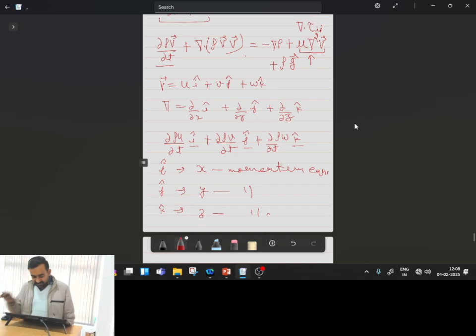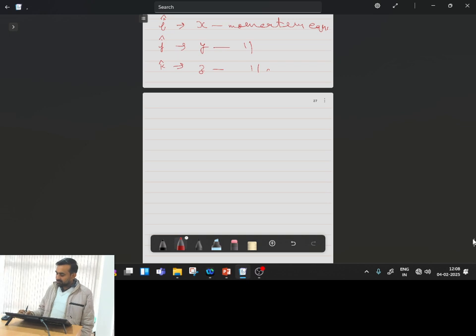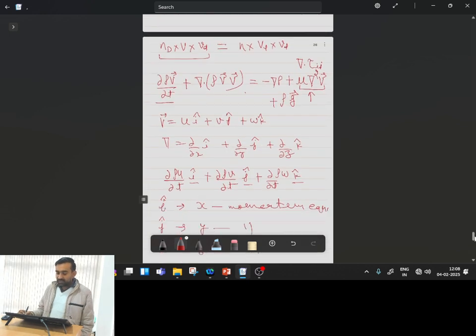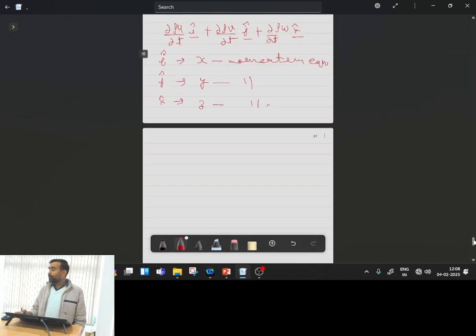Now with this basic understanding, before this, can you tell me how I can write this equation in tensor notation?